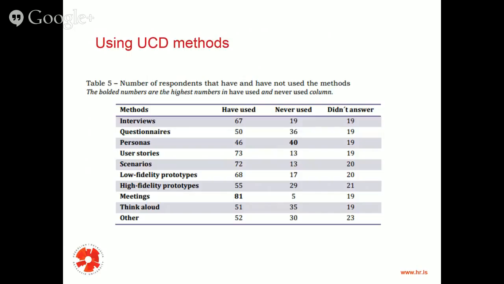Again, meetings are very popular. 80% of them have used it, and only 5% have never used it. You see here that interviews are quite popular too. The interviews like you are going to do in assignment 2. So we could say 2 out of 3 use that.